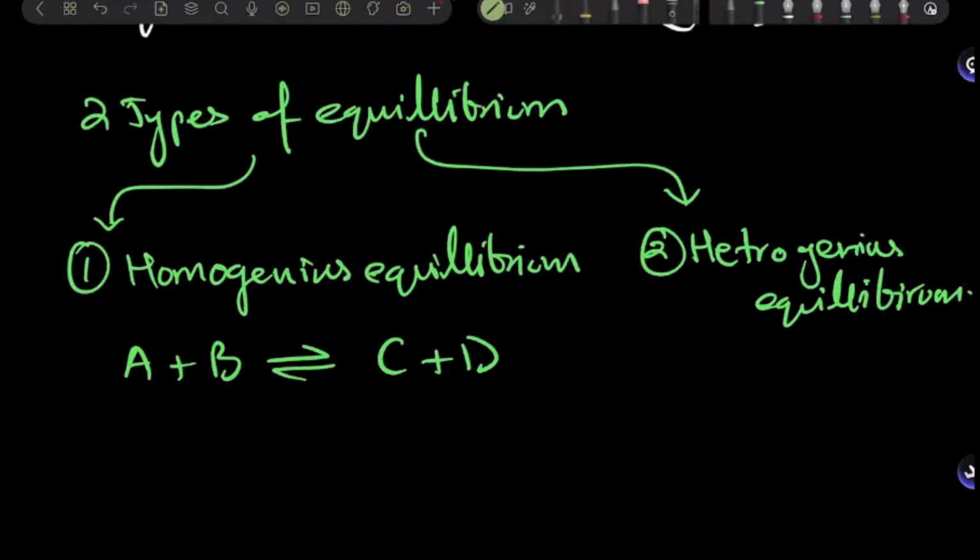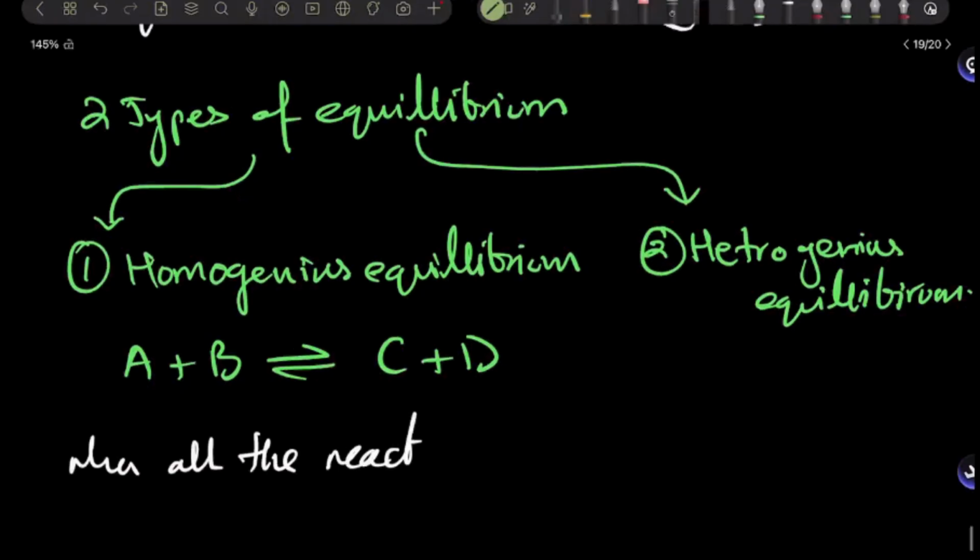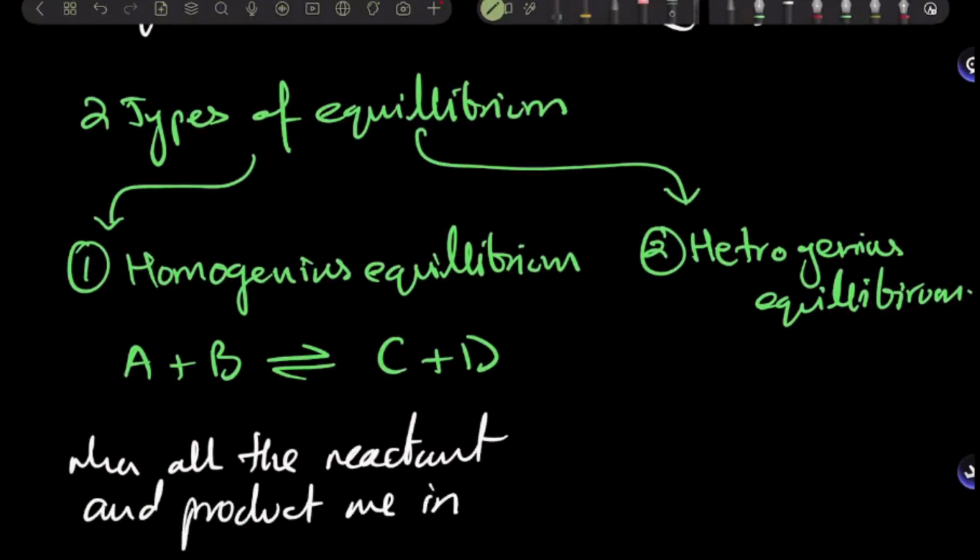Now, this dynamic equilibrium would be a homogeneous dynamic equilibrium if everything that is present is in the same phase or state. All the reactants and products are in the same state or phase.